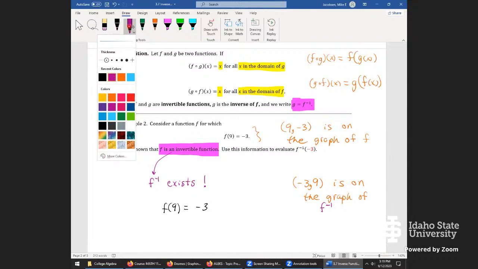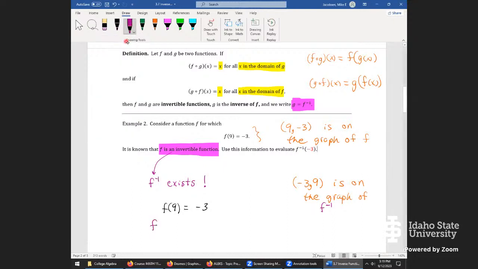On the left, I'm going to take f inverse of f at 9. On the right-hand side, take f inverse of just the -3.